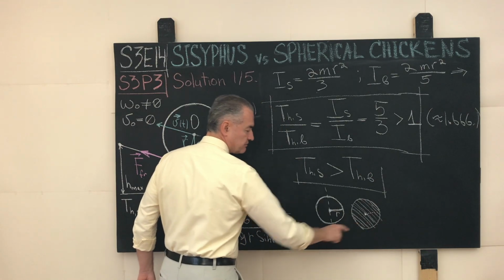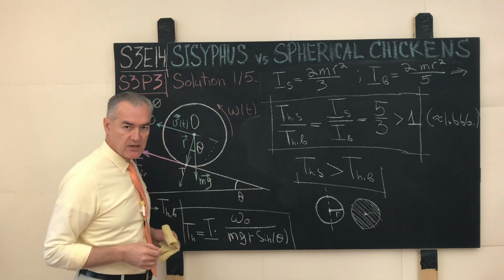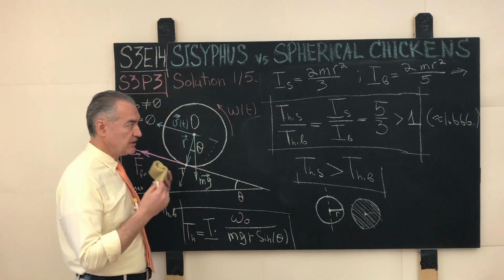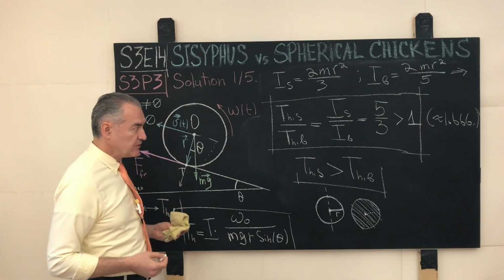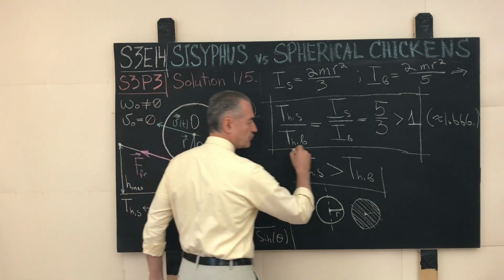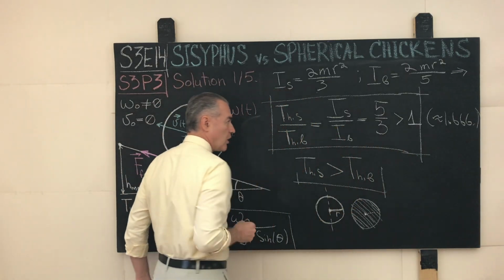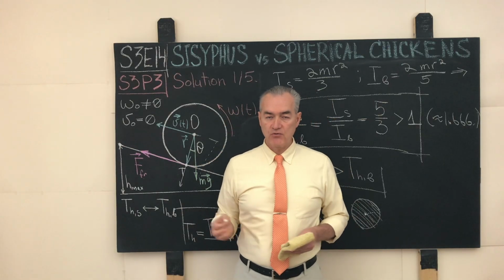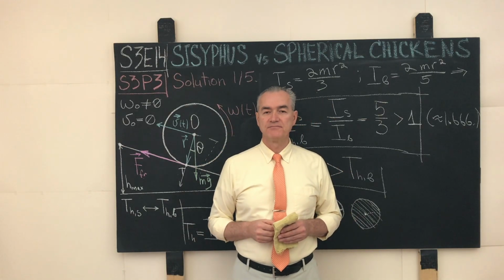And that vague, plain English, easier and harder, translates into hard, physically tangible mathematics over here in this formula, and that represents the first solution out of 5 of the problem S3E14.